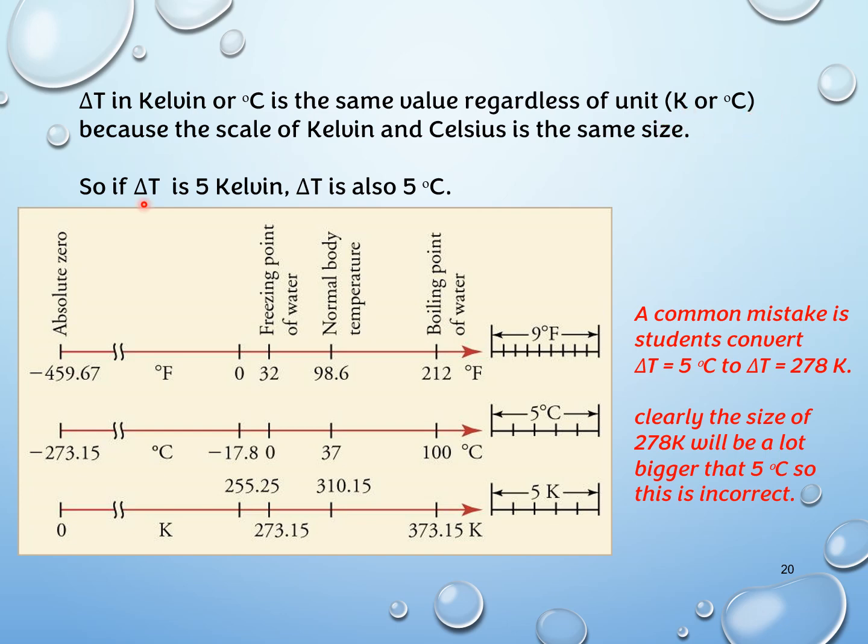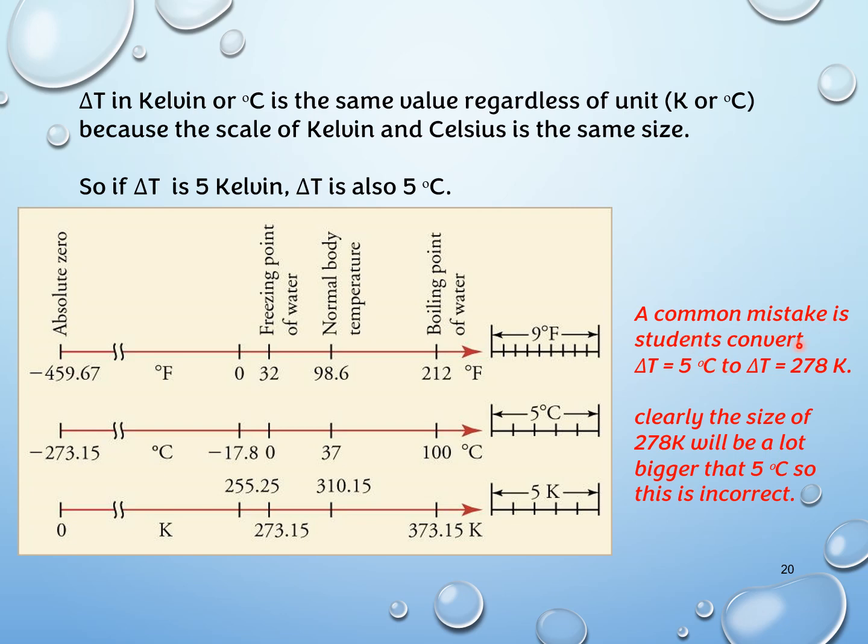But when we do delta T, if it says 5 Kelvin, because it's talking about the difference, and we talked about how the Kelvin scale and the Celsius scale are exactly the same size, because it's 100 here, but Fahrenheit would be like 180. It's completely different. Lucky for us, we don't really use Fahrenheit for our calculations here. We usually use Celsius and Kelvin. So for Celsius and Kelvin, if the delta T is 5 Kelvin, the delta T is also 5 Celsius. You don't have to convert.